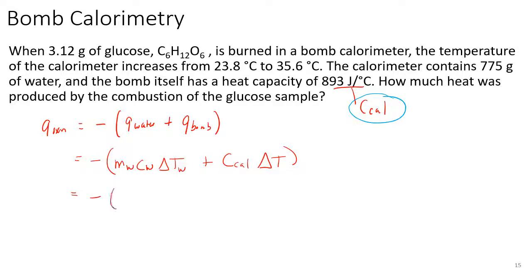So negative times the mass of our water, which was 775 grams, times our specific heat of water, 4.184 joules per gram degrees Celsius, times our delta T. Our final temperature was greater, 35.6 minus 23.8 degrees Celsius, plus the heat capacity of our calorimeter was 893 joules per degree Celsius.